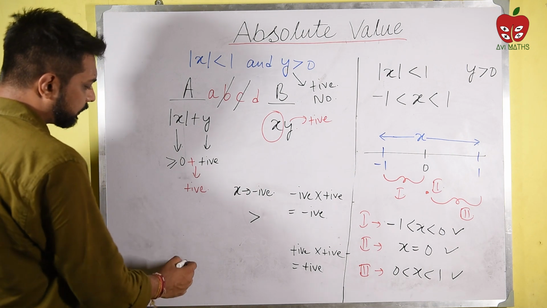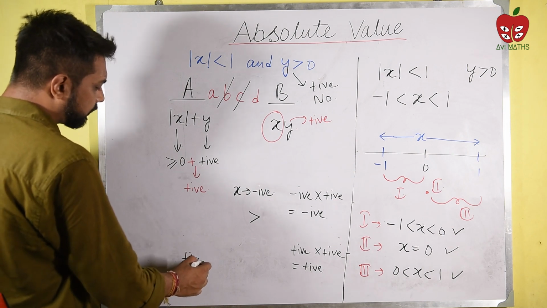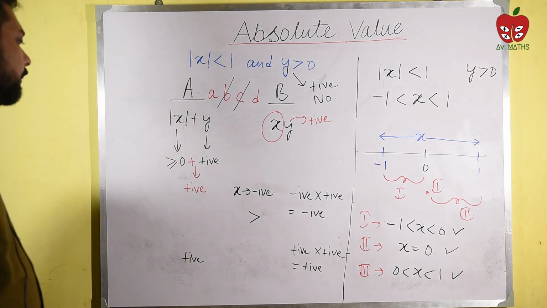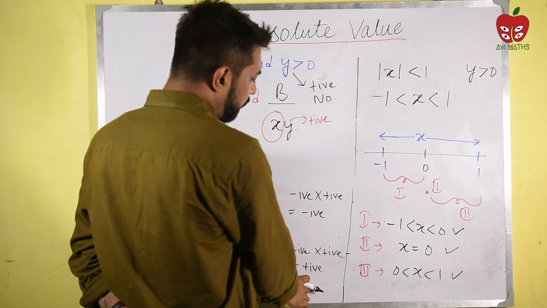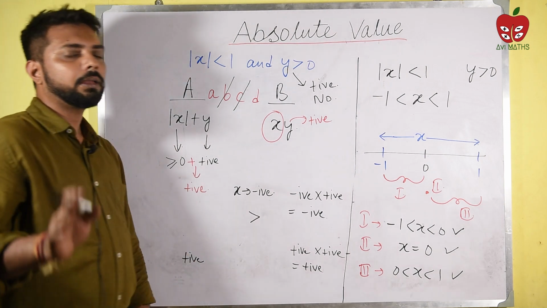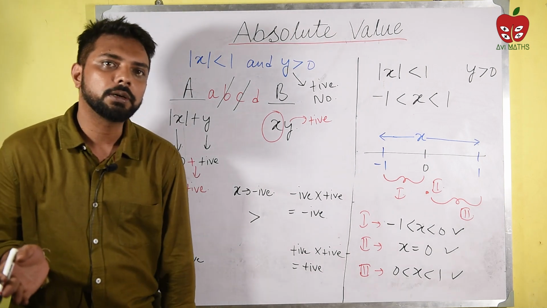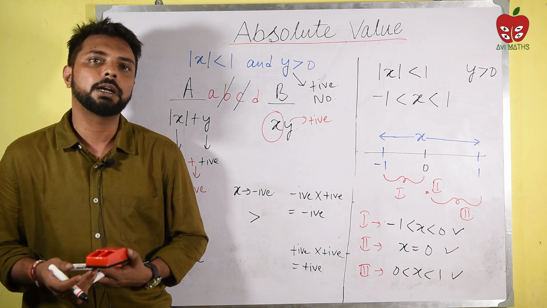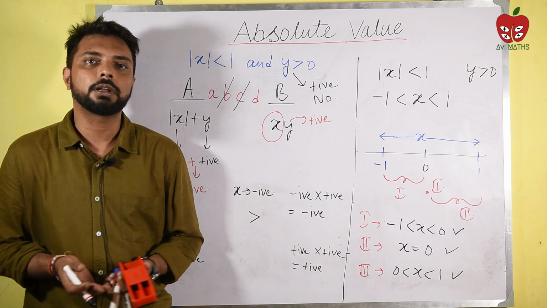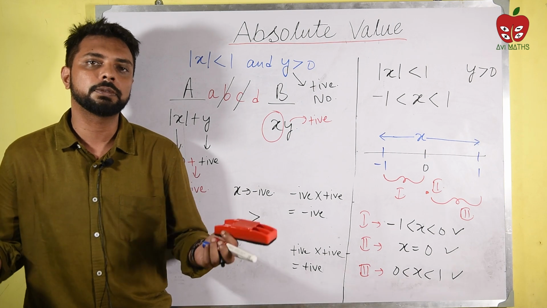The left hand side, we have already checked, is positive. So I am comparing a positive number, quantity A, with a positive number, quantity B. Now guys, we are not able to find the direct relation, because if I am comparing two positive numbers and not given any information about which two positive numbers, how can you say whether this one is greater, that one is greater, or both are equal?